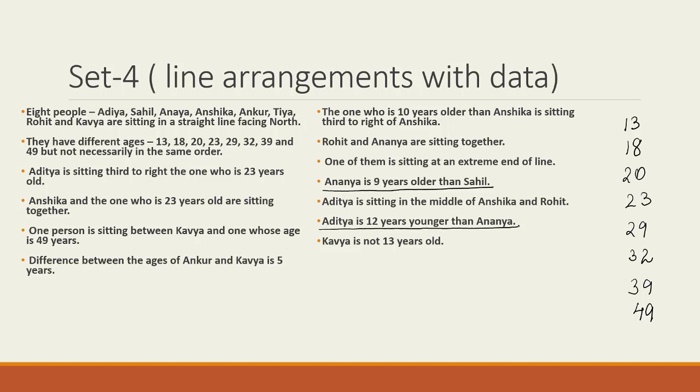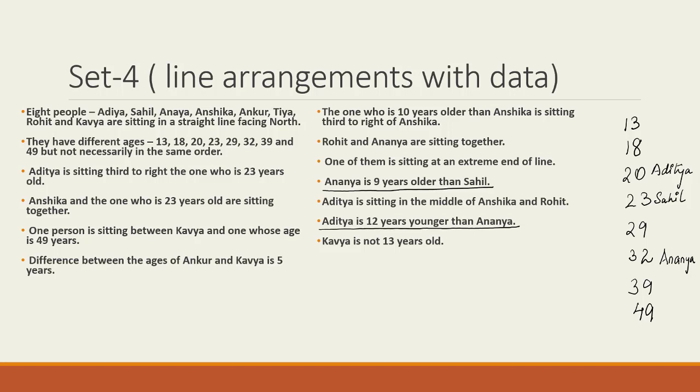When I mix this up, I can see that if Ananya is 32, in that case Sahil will be 23 and Aditya would be 20. I will get a gap of 9 years between Sahil and Ananya and a gap of 12 years between Aditya and Ananya.